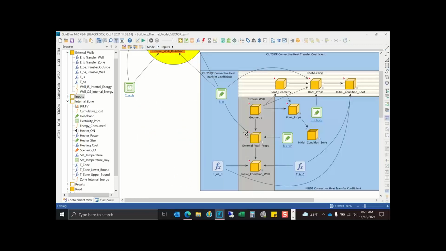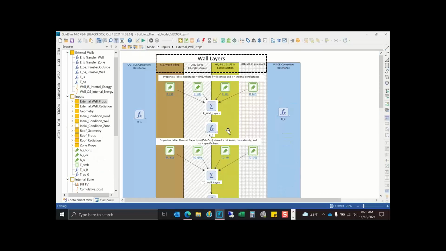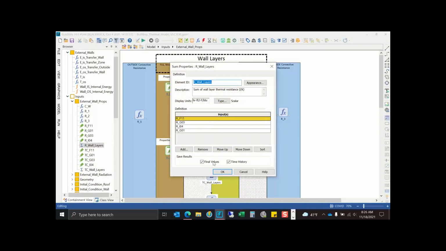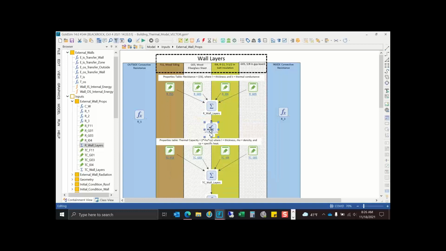And let me show you these walls. So this is representative of each layer of the wall. Each layer is made of a different construction material. And then the resistance of each layer is added in series. So it's just added together into an effective R resistance.